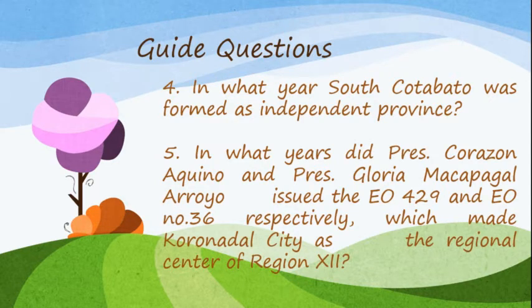And lastly, in what years did President Corazon Aquino and President Gloria Macapagal Arroyo issue Executive Order 429 and Executive Order number 36 respectively, which made Coronadal City the regional center of Region 12? You got it right. Write your answers on your assessment notebooks.